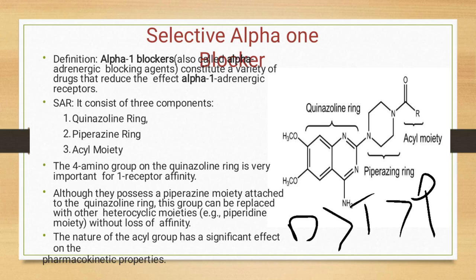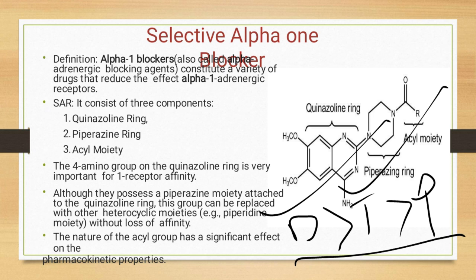And similarly for half-life, doxazosin has more half-life compared to terazosin, and very little for prazosin.